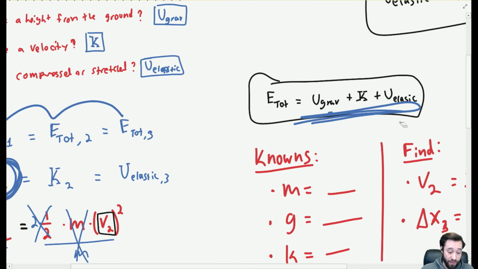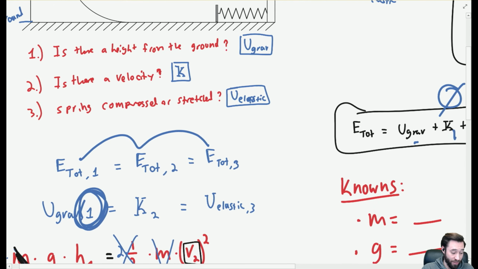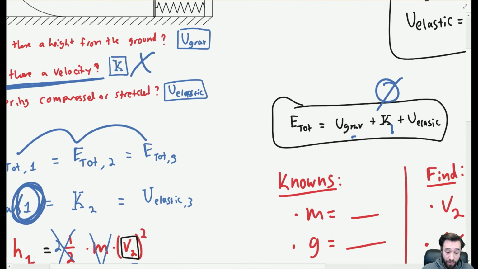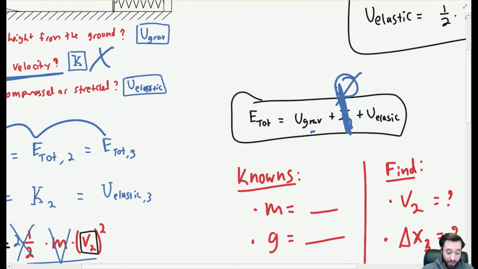The difference is for kinetic 1, this is just 0 because there's no velocity. So when I'm answering these questions, is there a velocity at state 1? No. That's going ahead and marking this out, making it 0. Does that make sense?